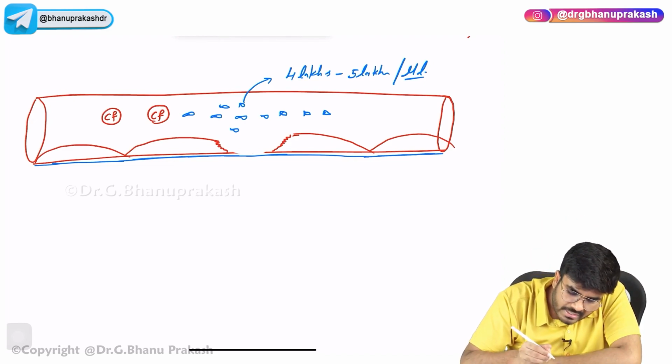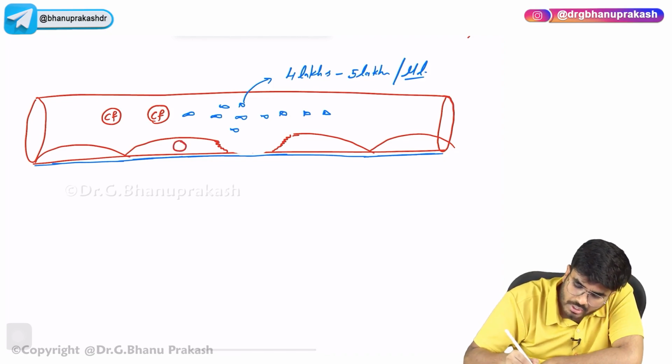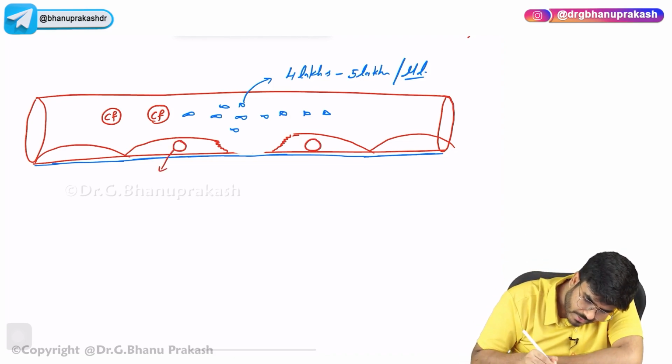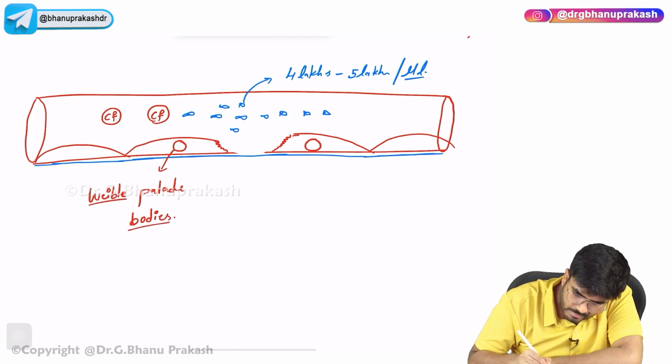Now these damaged endothelial cells are going to release certain substances. Already in these endothelial cells, there are certain vesicles called Willebrand bodies.